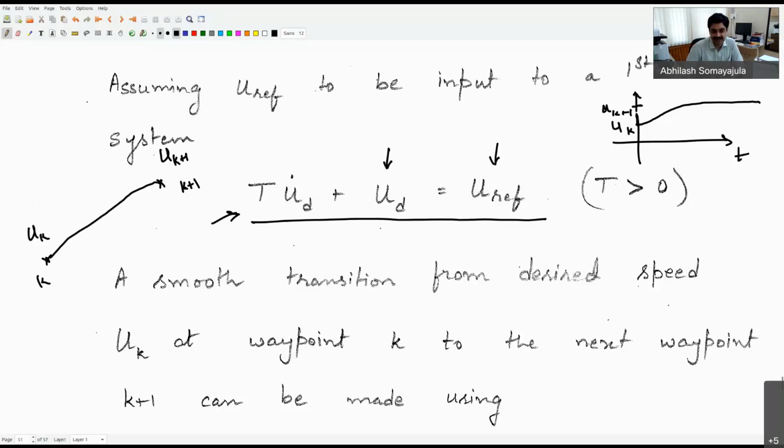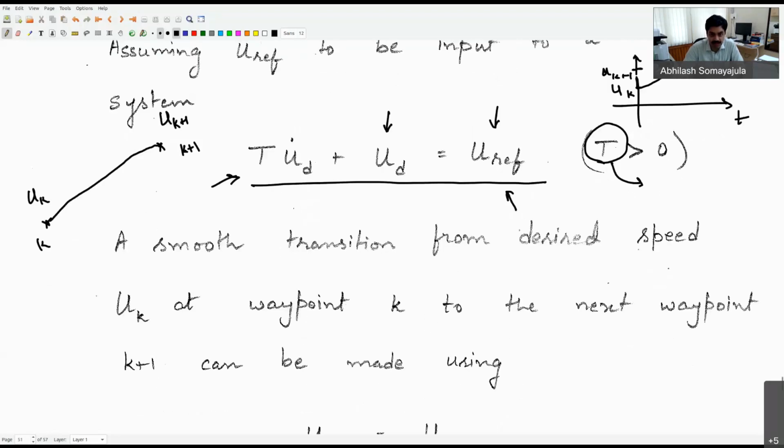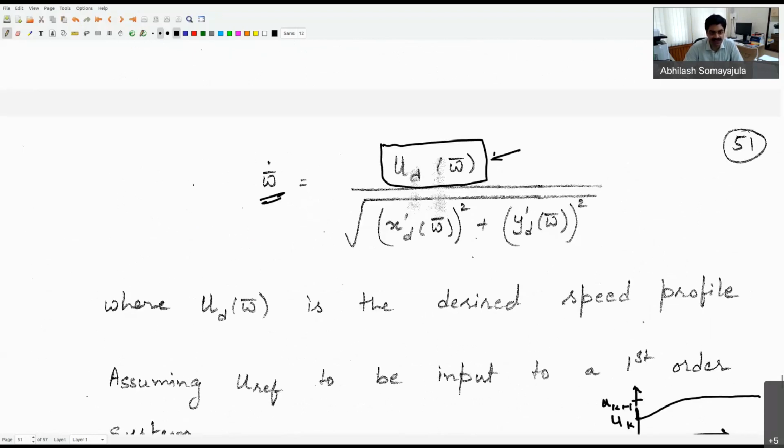So the idea here is then that there is a smooth transition in the speed from uk to uk plus 1 using this first order system, where this t is our design parameter, which is governing how slowly or how quickly this change is happening. Notice that the advantage of this method is the path does not necessarily need to change.